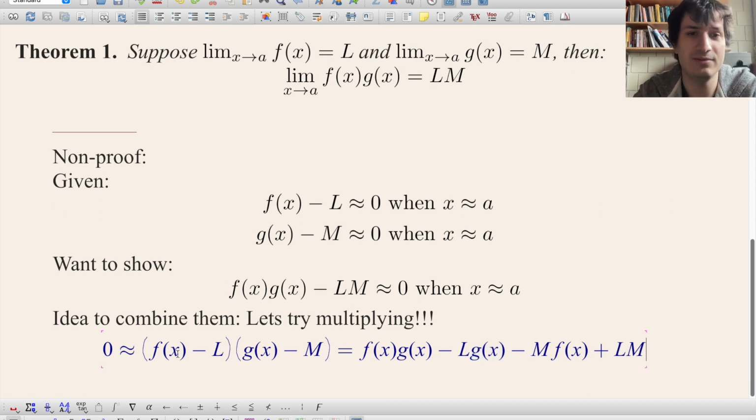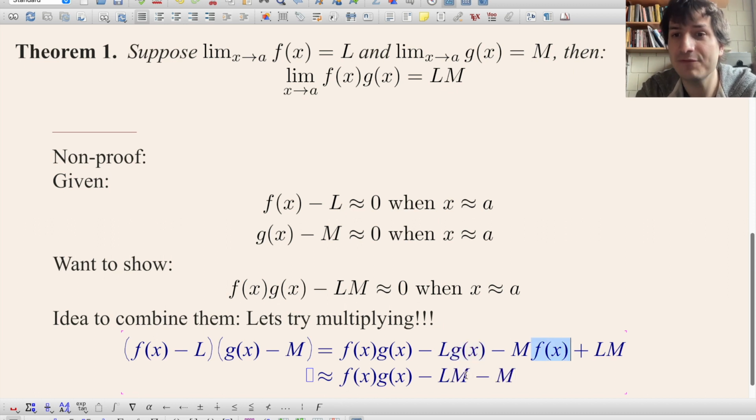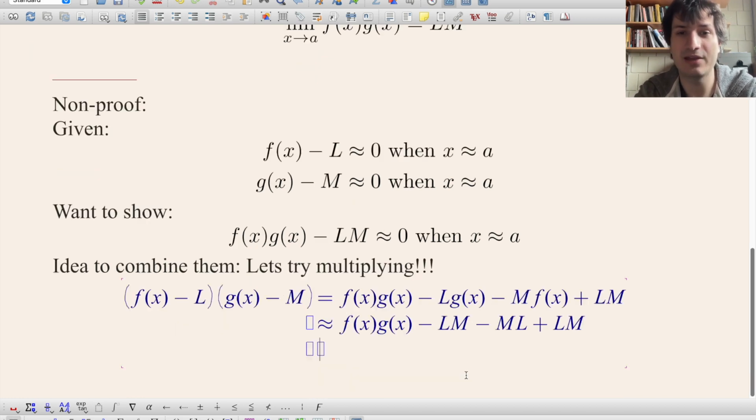So this whole thing is approximately f of x times g of x, minus L times, here there's a g, and the limit of g is m, so this is approximately m, and this is an f, and f is also approximately L, and we have plus Lm. And so this is approximately f of x g of x minus Lm, because we have 2 copies of Lm over here, and we're adding on 1 more copy.